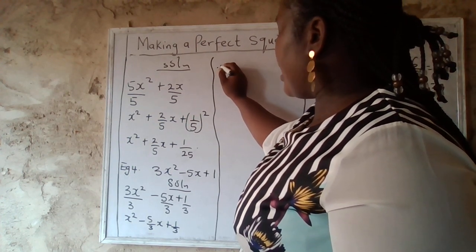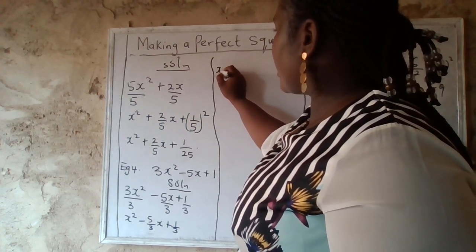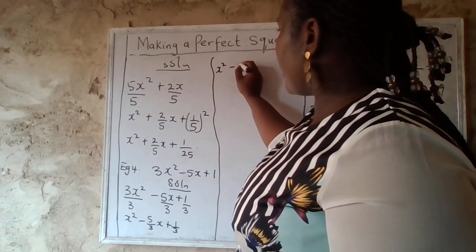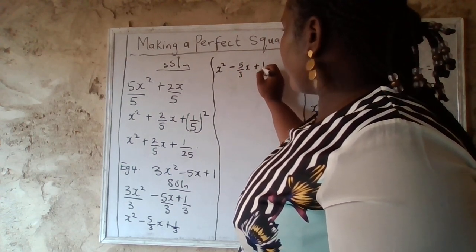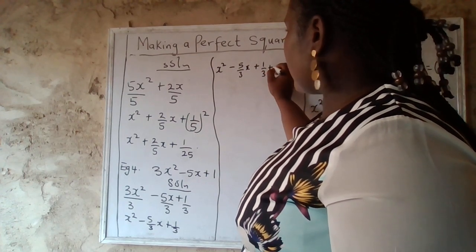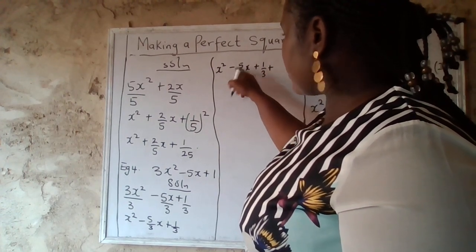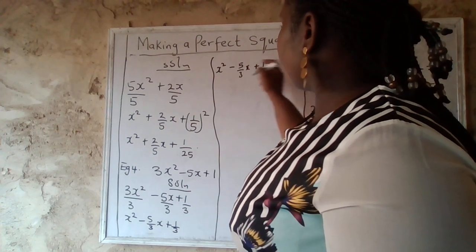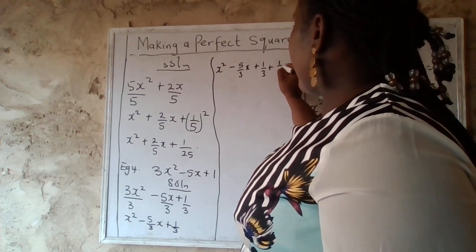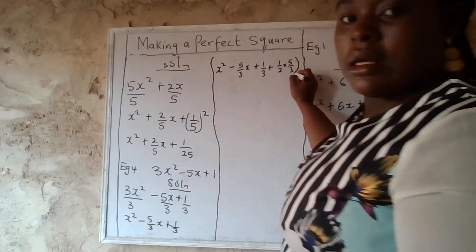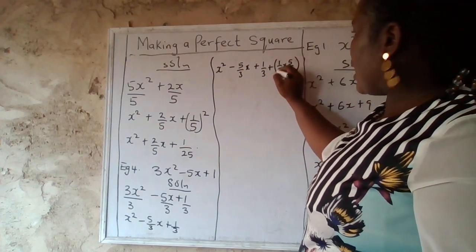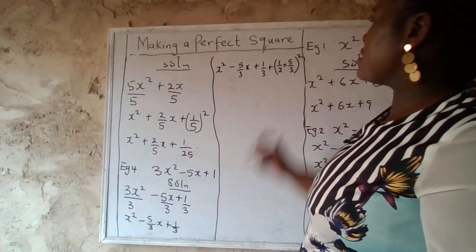Then I take half of it. So I'm going to have x squared minus 5 over 3x plus 1 over 3 plus the square of the half of it. So I'm having half of 5 over 3 and squaring it.